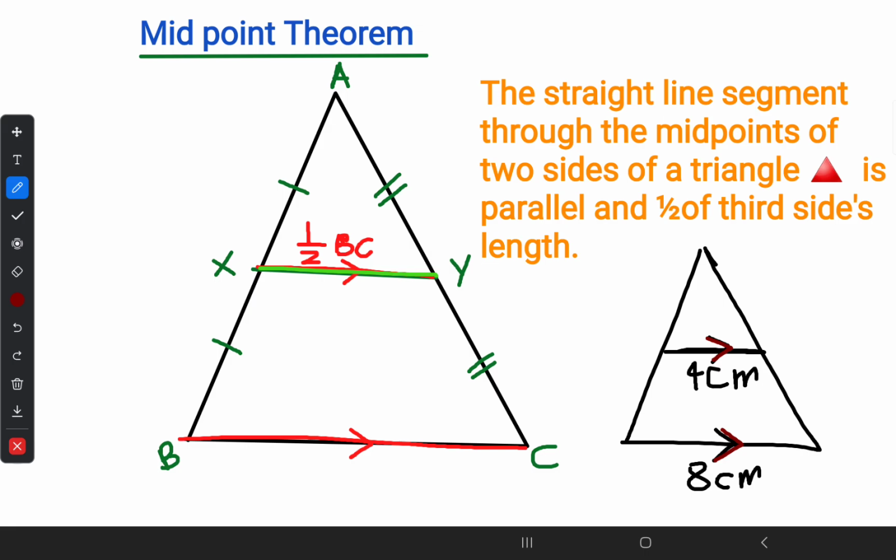Since the straight line segment inside the triangle is half of the third side and parallel to the third side, we can determine these points are bisecting their respective sides in the triangle. That's called the converse theorem of the midpoint theorem.